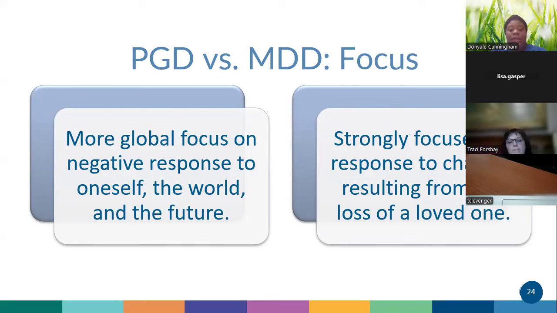So, for major depressive disorder, this is more of a global focus on negative responses to oneself, the world, and the future, whereas prolonged grief disorder is strongly focused on the response to changes resulting from the loss of that loved one.